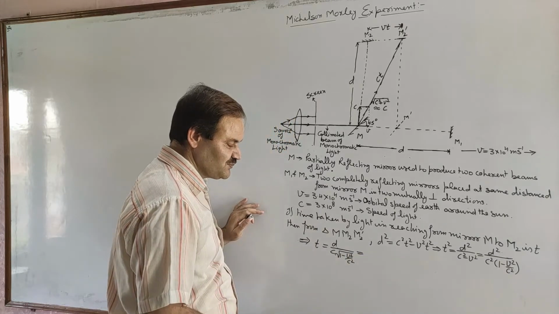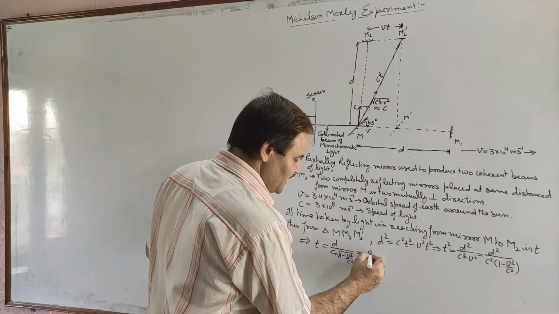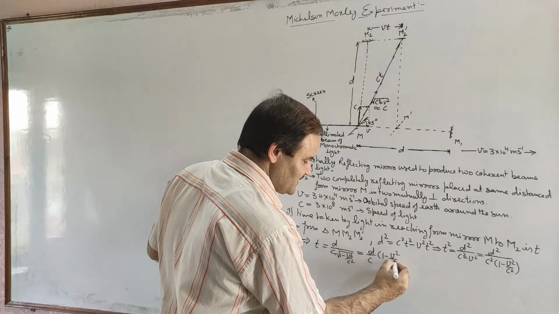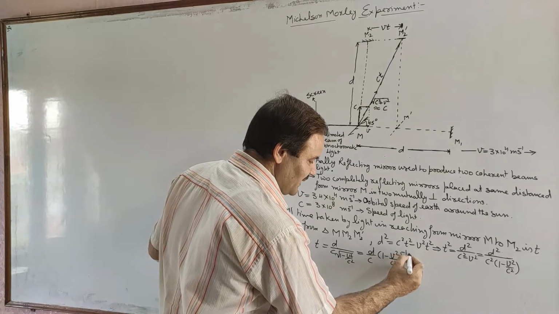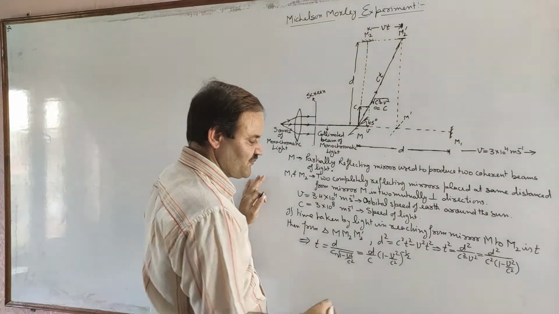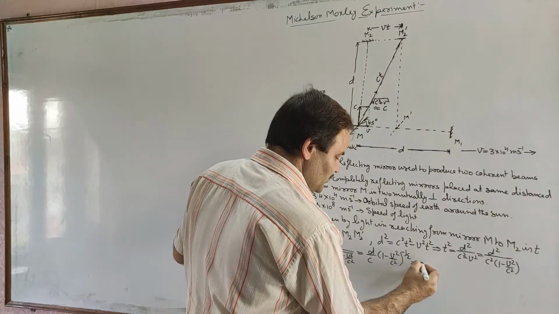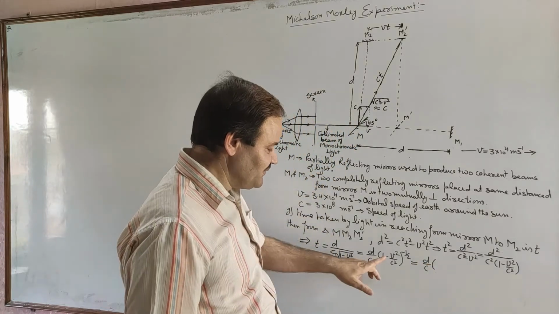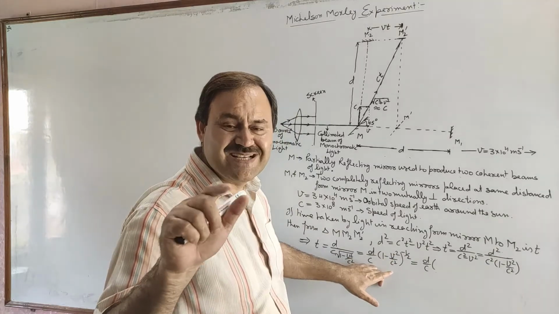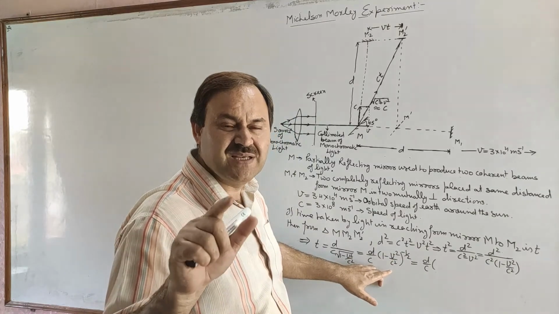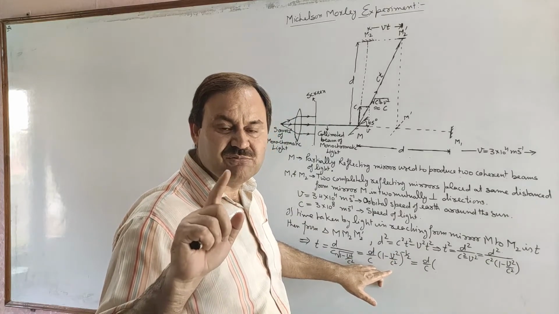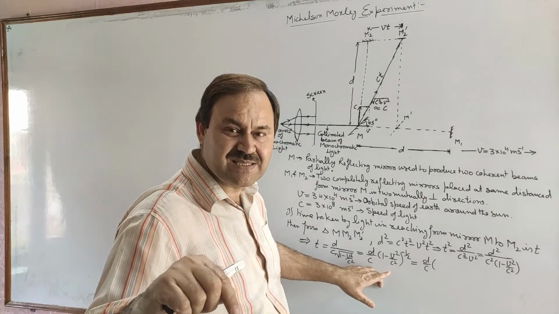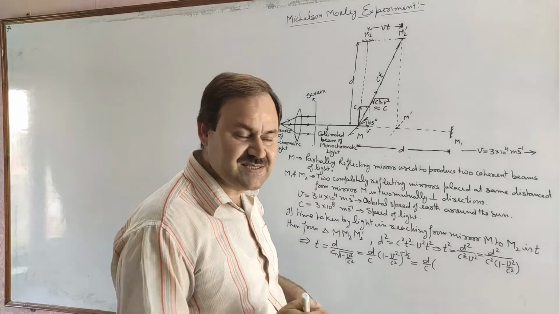This is equal to D upon C into 1 minus V square by C square raised to the power minus half. This is equal to D upon C into, as V square upon C square will be less than 1, by binomial theorem 1 plus x to the power n will be 1 plus nx when x is less than 1.